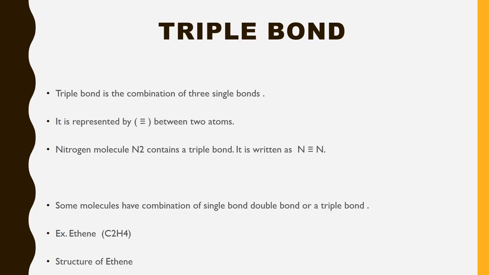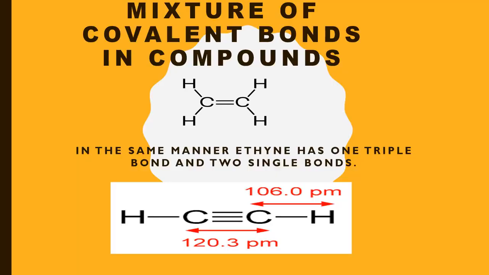Now we are going to see how a mixture of bonds takes place in a molecule. Structure of ethene: C2H4. Carbon and carbon have a double bond, and the hydrogen atoms have single bonds. So one molecule itself has a single bond as well as a double bond.